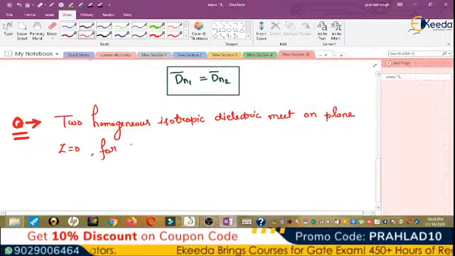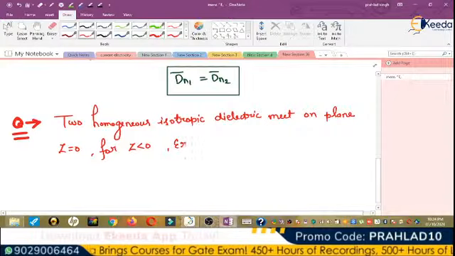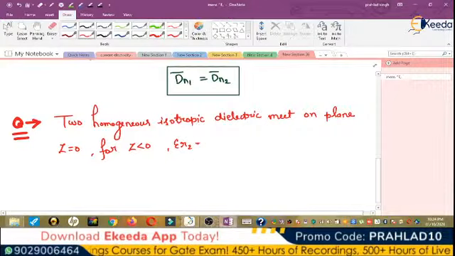For z less than 0, epsilon r2 is equal to 3.